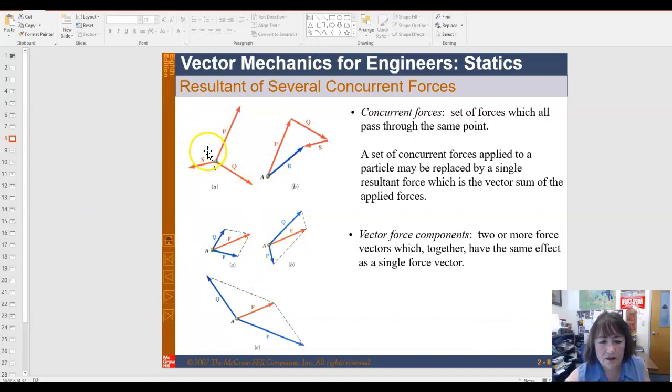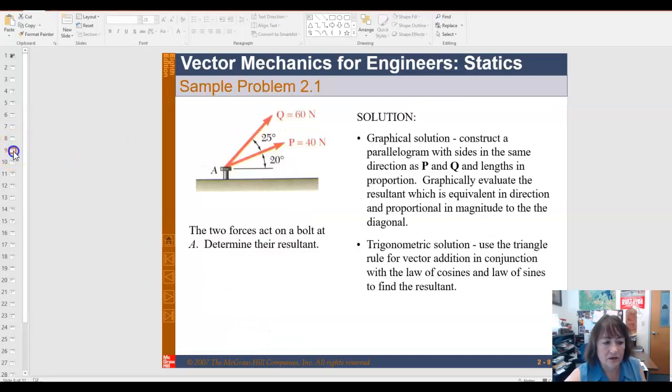So here are some ideas of how forces add together graphically. And we're not really going to spend any time on that because we instantly go from a graphical to a vector math method. And so for section 2.1, we used vector math, and we will use vector math rather than a graphical solution from here on out.